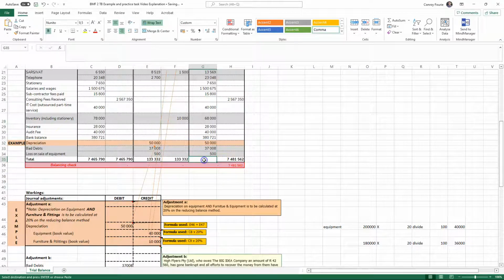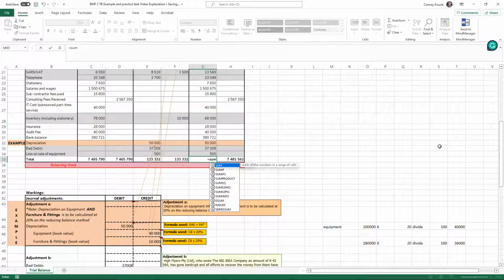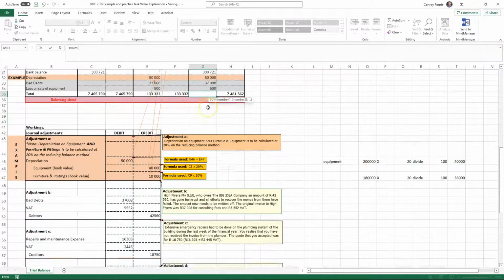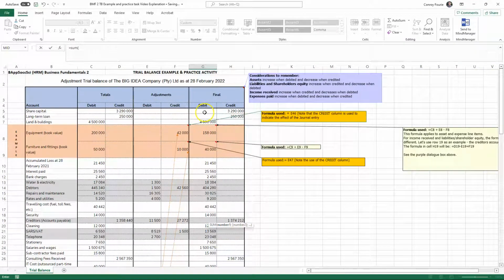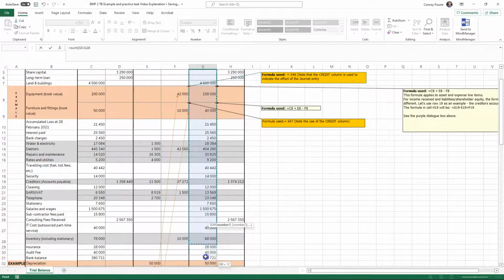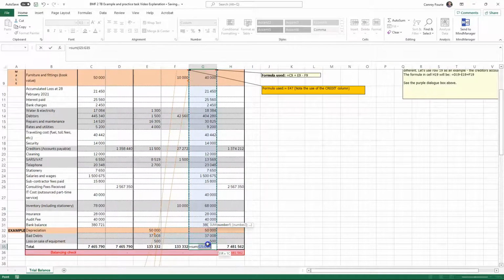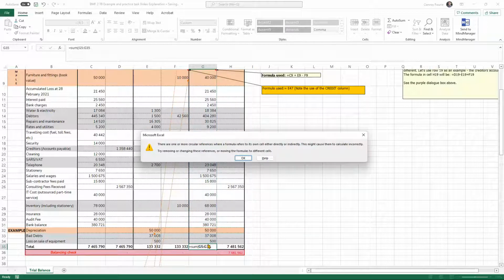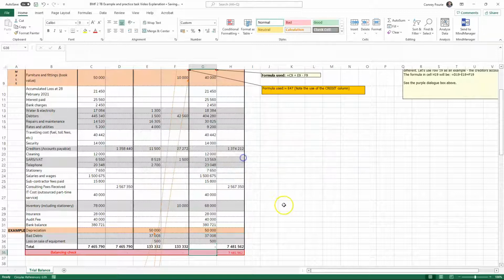Okay, now we can see if our trial balance balances. If it doesn't, we just have to troubleshoot it. So I'm just going to highlight this whole lot here as a sum. Okay, so there's a problem here. So let's just see where the problem is.